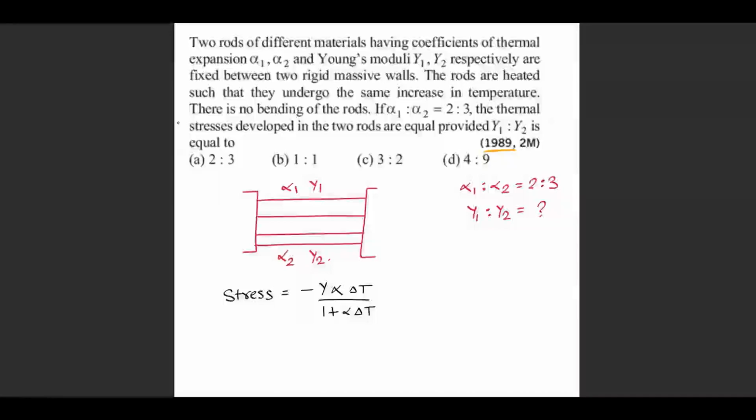Now since we are talking about small changes in general, I can write the stress like this. So stress in the first rod is this, and for the second rod it is this.